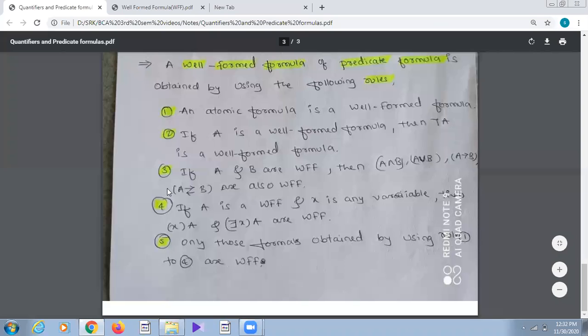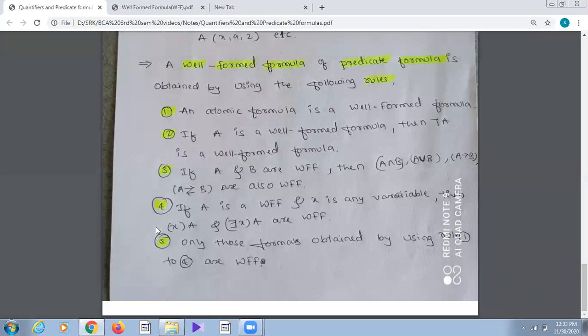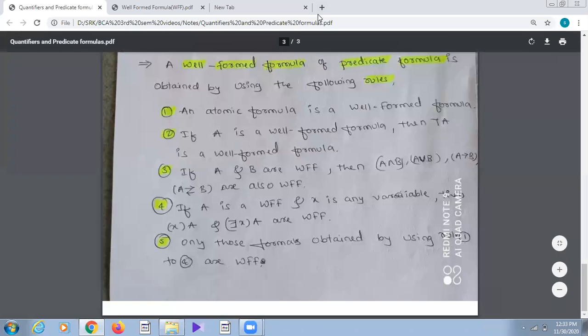What does it tell? Whatever you construct as a predicate formula by using these rules 1 to 4, the resultant formula is also a well-formed formula. So these rules are used to construct a standard predicate formula.